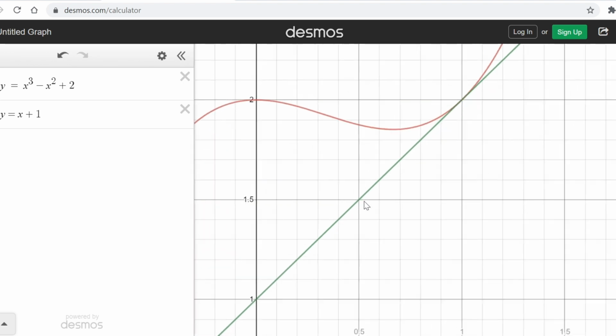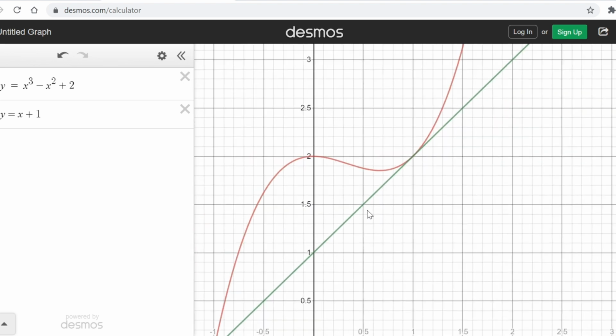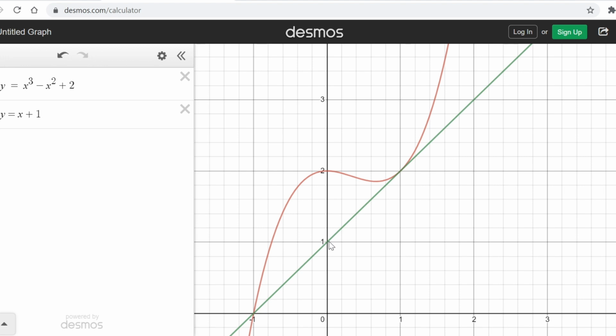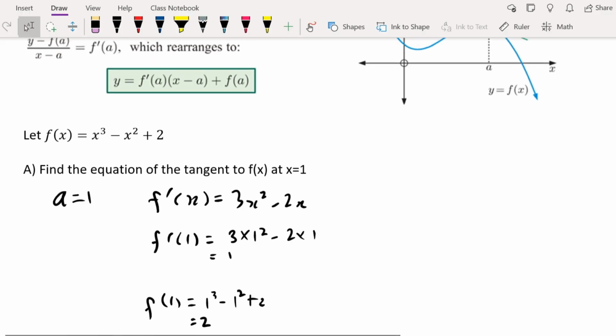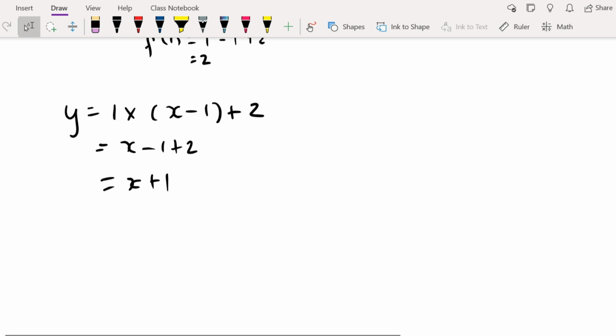If we look at the slope of that green line, you can tell the slope is 1, because every time I go across 1, I'm going up 1. And we know the derivative at that point is 1 as well. So that's your slope, which is really good. So the equation of the tangent is y equals x plus 1.